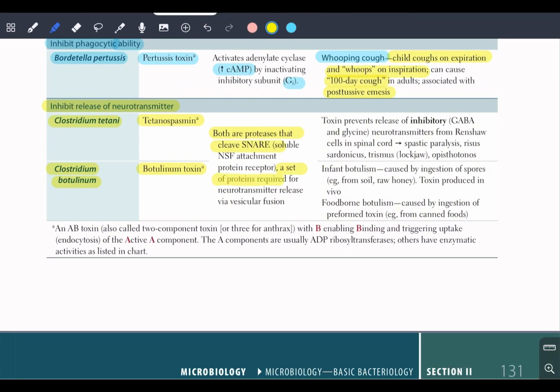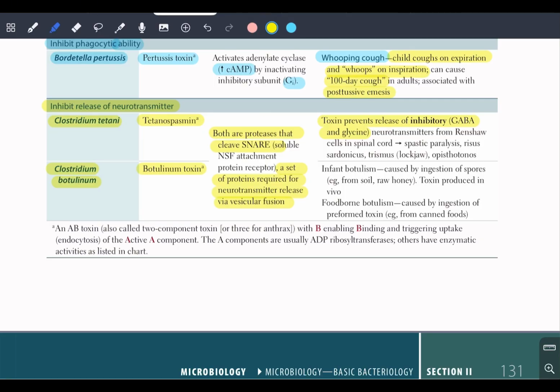It is a set of proteins required for neurotransmitter release through vesicular fusion. Toxin prevents release of inhibitory GABA and glycine. So Clostridium tetani prevents GABA and glycine release, and we know that GABA and glycine are inhibitory.